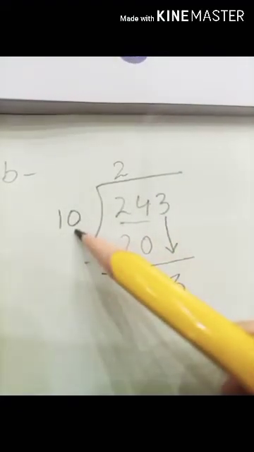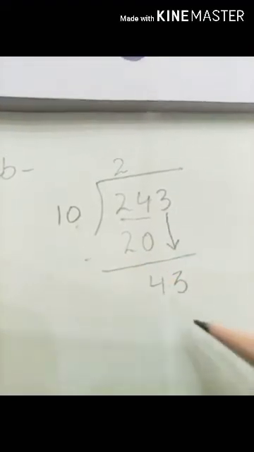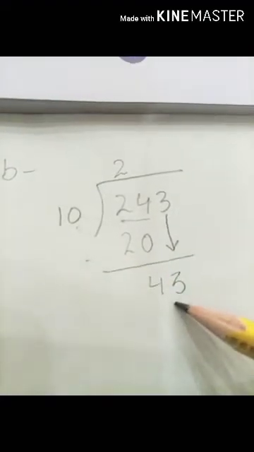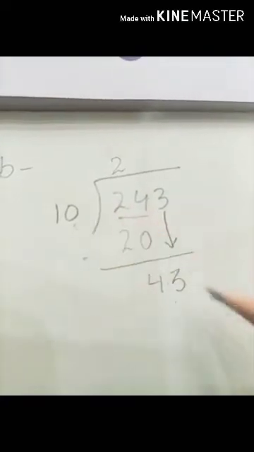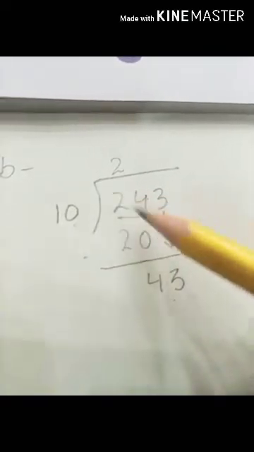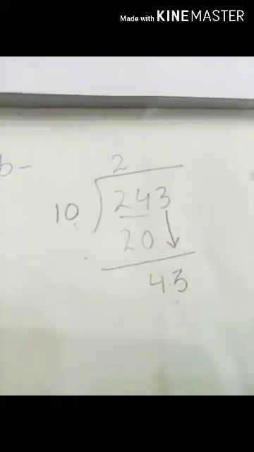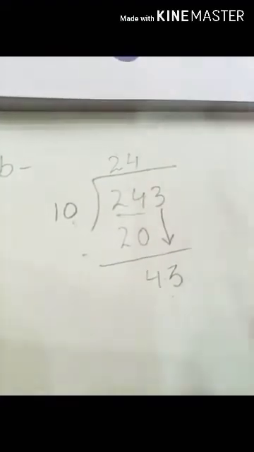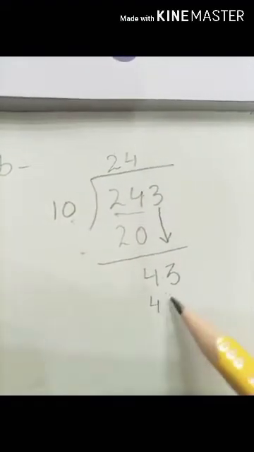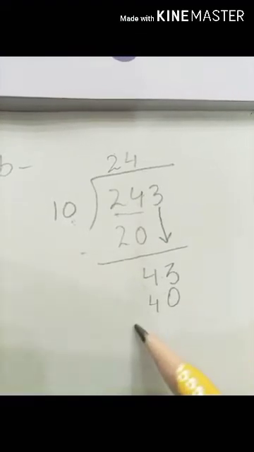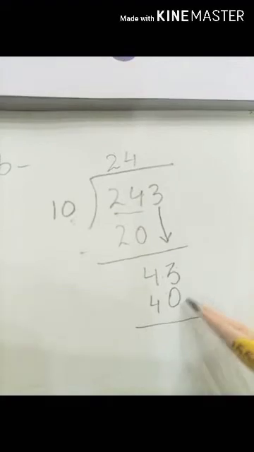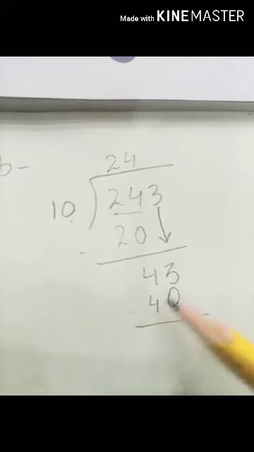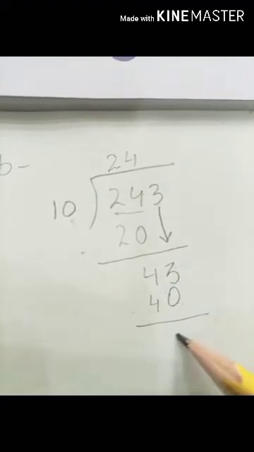So students, read the table of 10 where we get 40 or near the number 43. 10 1s are 10, 10 2s are 20, 10 3s are 30 and 10 4s are 40. Here I have written the number 40. Now 3 minus 0, we are going to subtract it. 3 minus 0 and our remainder is 3.